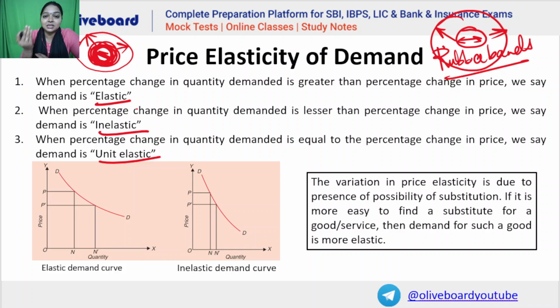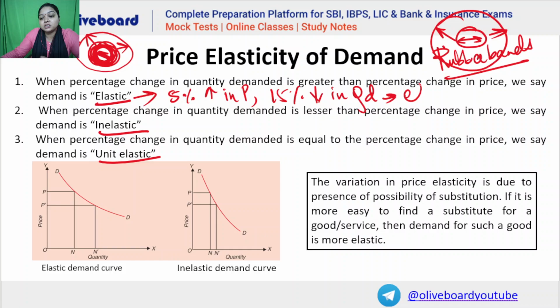For example, if there is a 5% increase in price, then there is a 15% decrease in quantity demanded. Then we say that demand is elastic. The percentage change in quantity demanded is greater than the percentage change in price, so it is elastic.